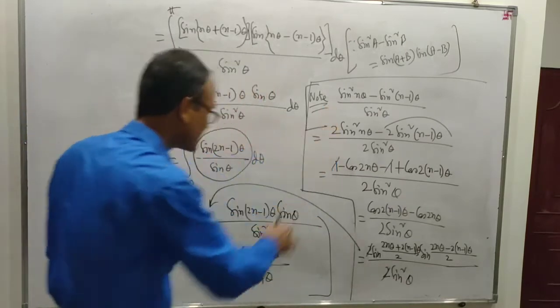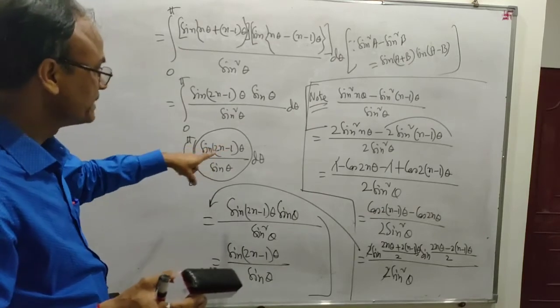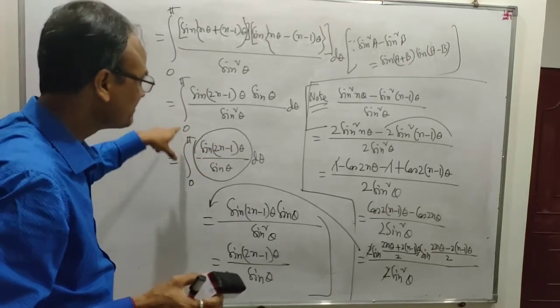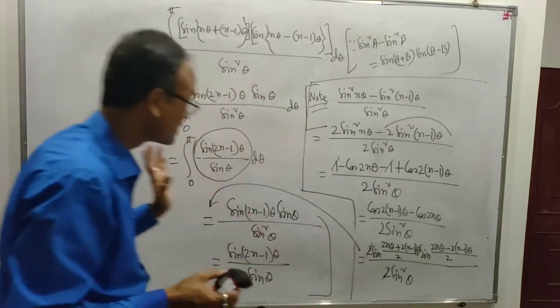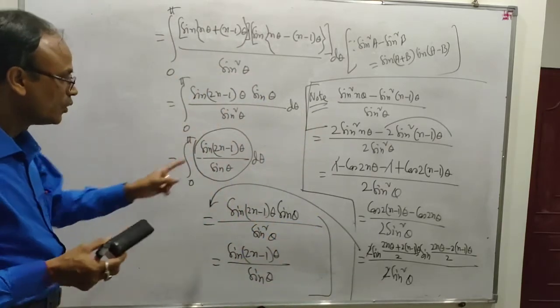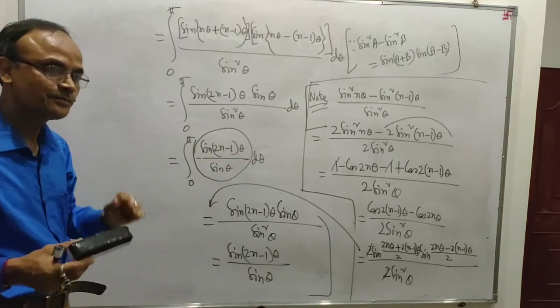After that, we are going to the main question. We have got integral 0 to pi, put it within the bracket, sin(twice n minus 1 theta) divided by sin theta.